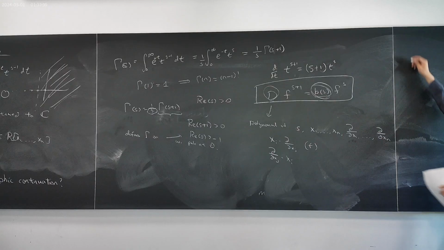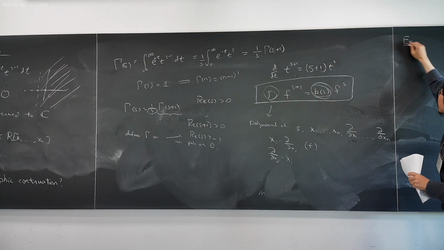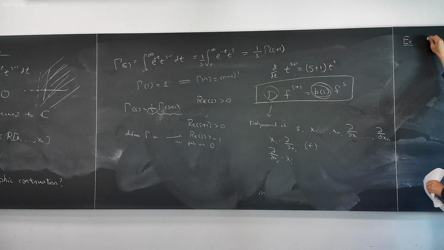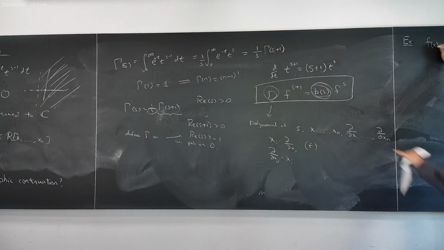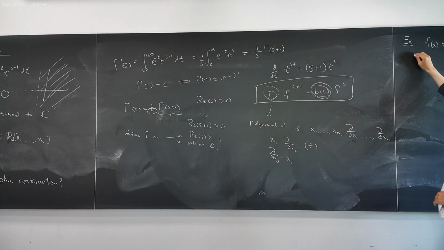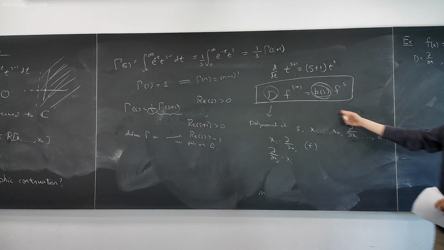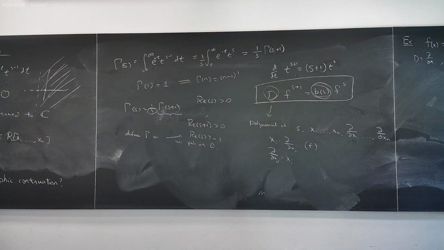Actually, so let me give you some examples of Bernstein-Sato polynomial. In the case that we just visited, f of x equals x, then if we take just our usual differentiation, the Bernstein-Sato polynomial is s plus 1. It satisfies: differentiate x to s plus 1, you get the coefficient of s plus 1.